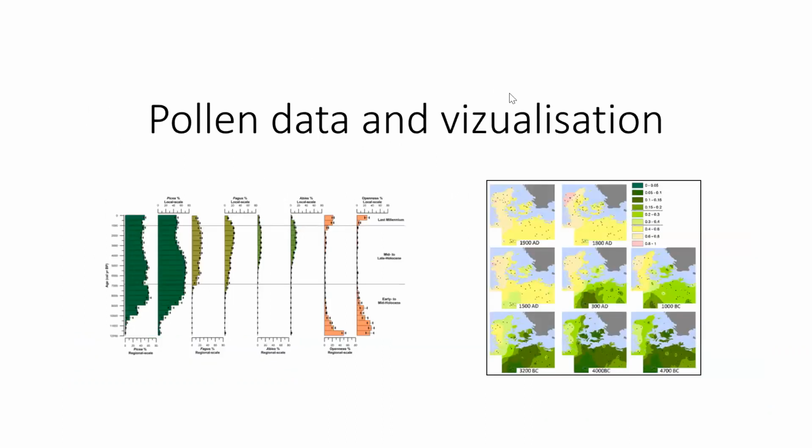So when we have the actual pollen data, how do we use it, and how do we visualize it? Next, a few words about what type of data there can be derived from a pollen record, and how we can visualize the data.